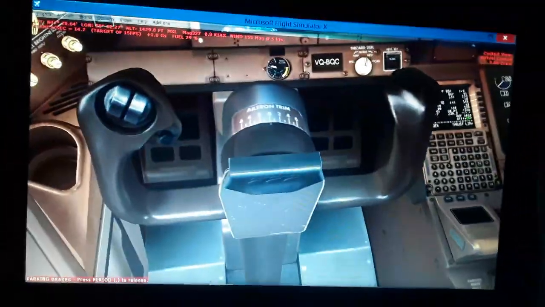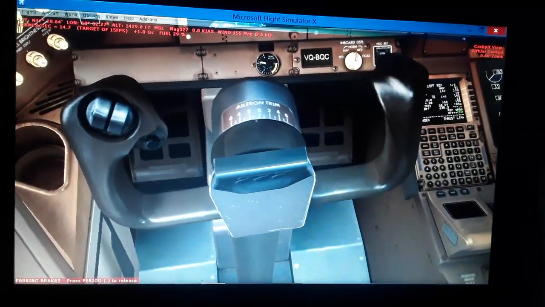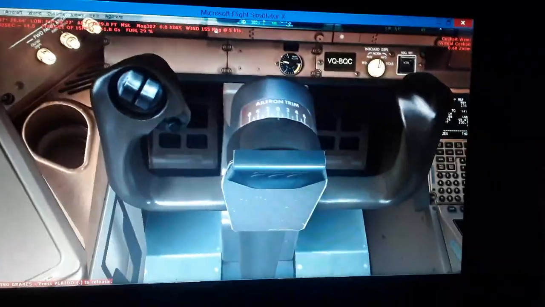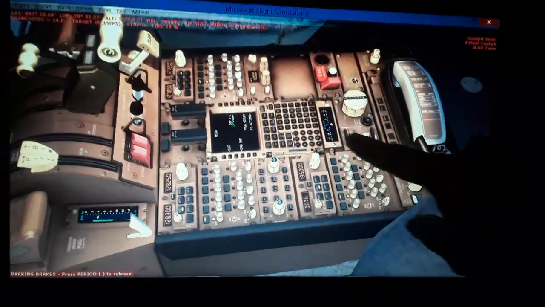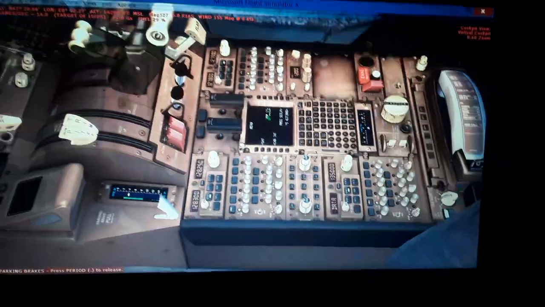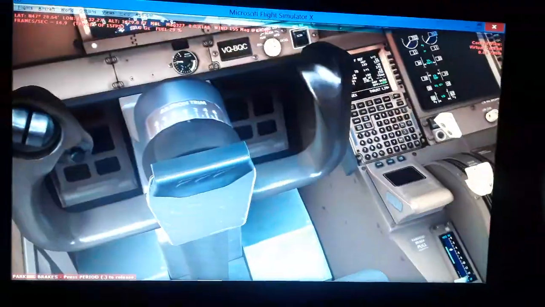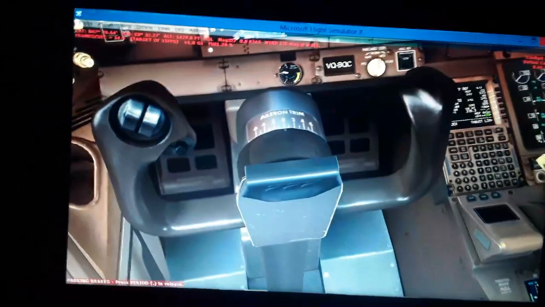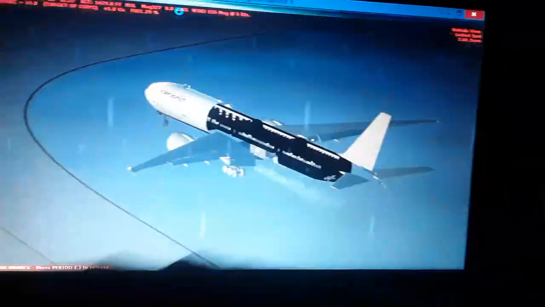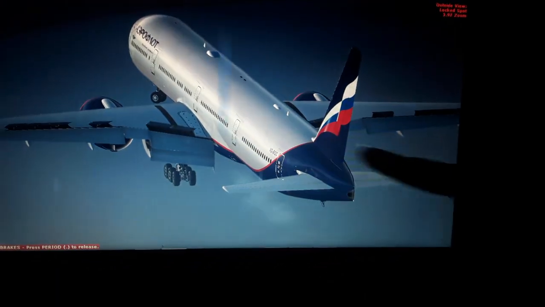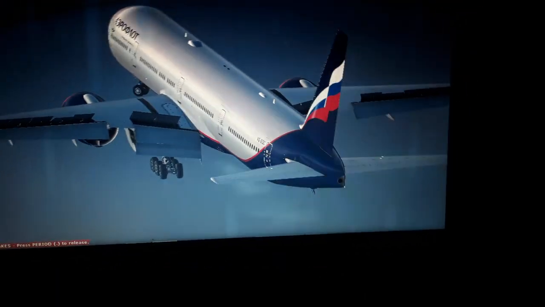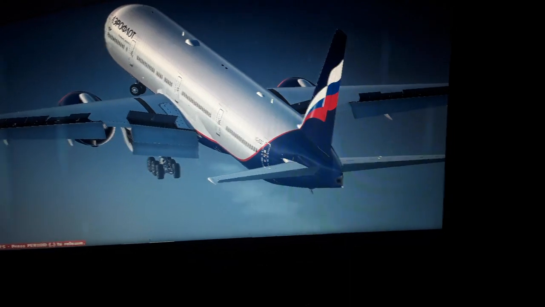You can adjust the pitch trim, the aileron trim also. You can adjust the aileron trim here and the rudder trim here, and you can see the horizontal tail trim here, pitch trim up and down, and you can adjust the horizontal tail here like this of the aircraft for climb and descent.